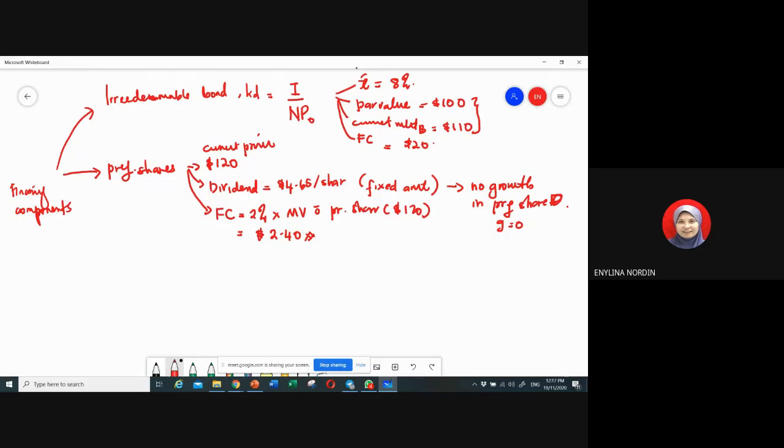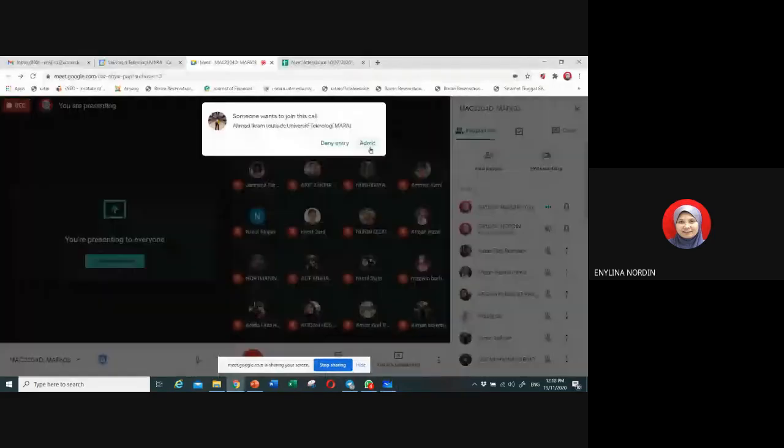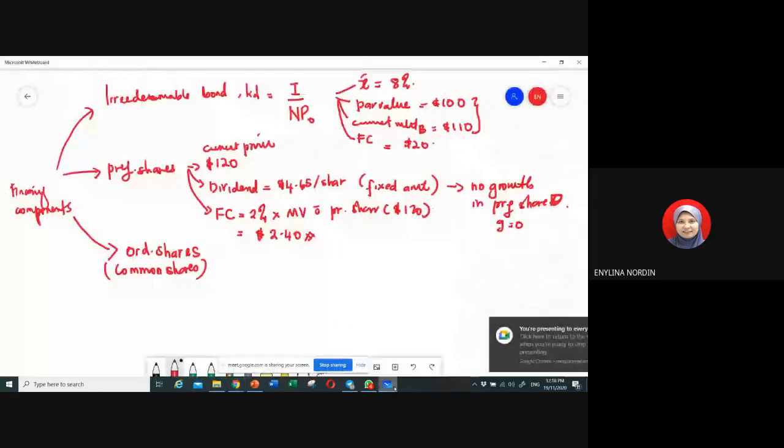Okay. And then another type of financing component is what? Ordinary share. Or sometimes the question will use the words common stock or common shares, depending on the question. What about common shares here?